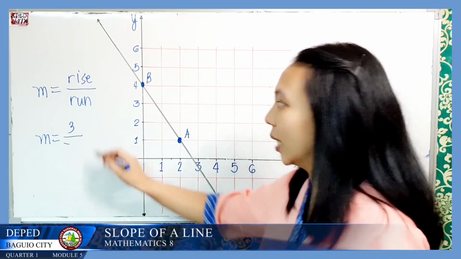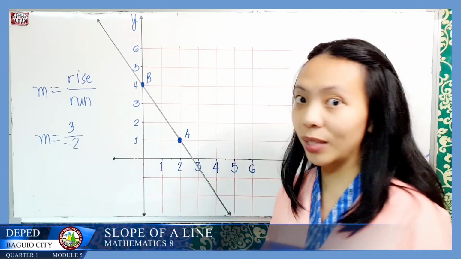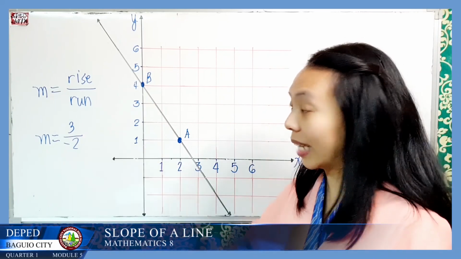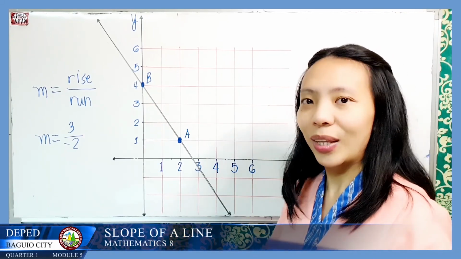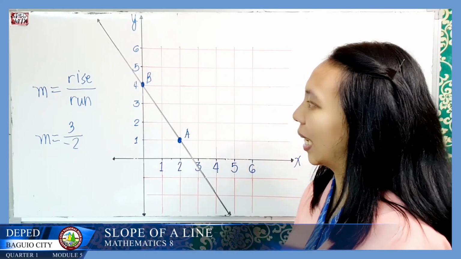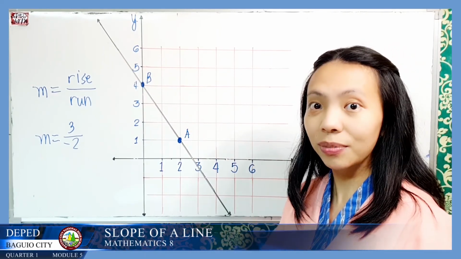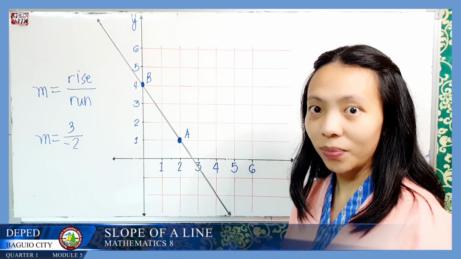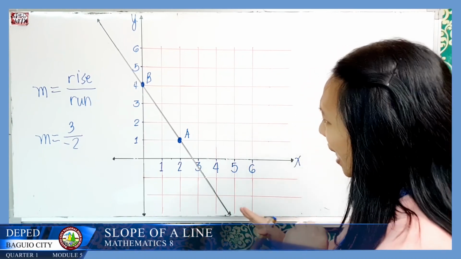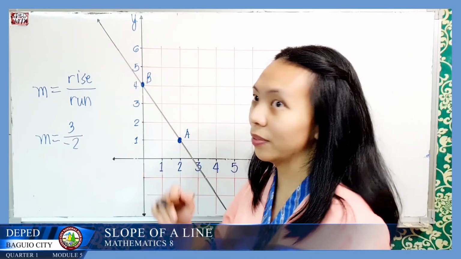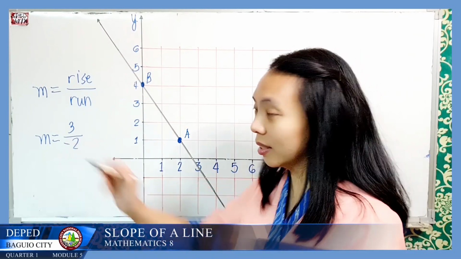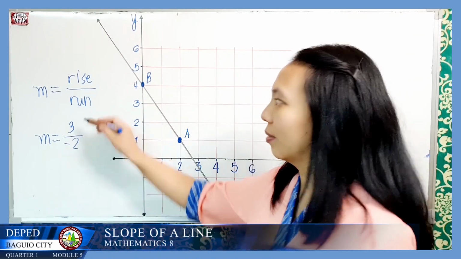How many units? 2 units to the left. Is that now the slope? Yes. The slope of this line is 3 over -2 or -3 over 2. Take note, the line is rising to the left. Therefore, its slope is negative.